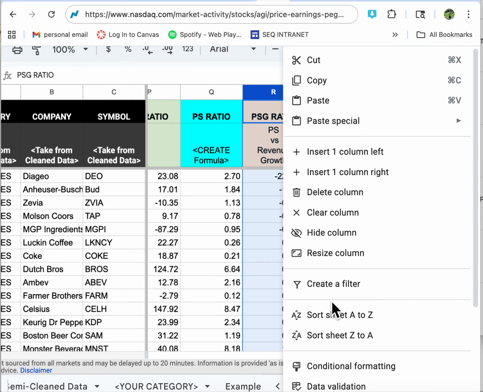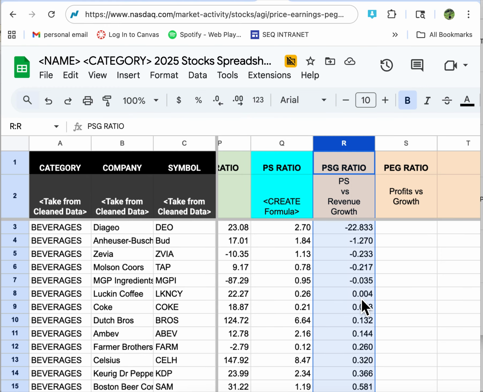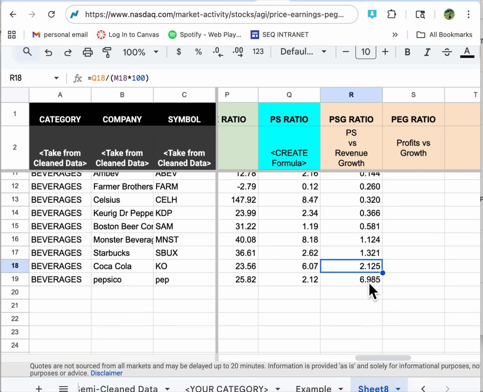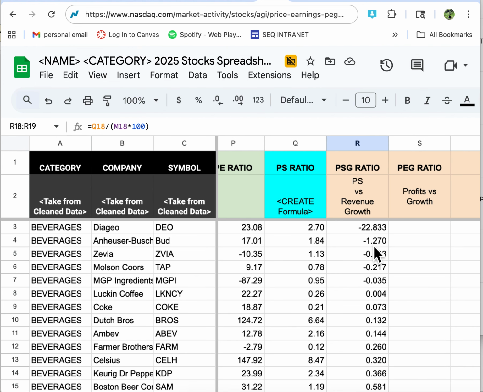So for this, if you sort A through Z, one way to interpret it is the ones with the lower but positive rates are ones that are like a low price compared to how much revenue they have and how fast they're growing. So if I was to look at Coke and Pepsi, it looks like Pepsi is a little bit more expensive compared to how fast it's growing and how much revenue it has.